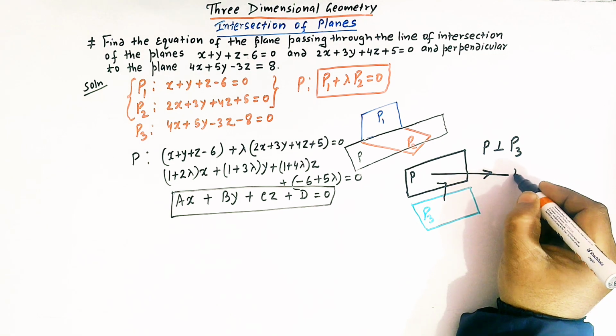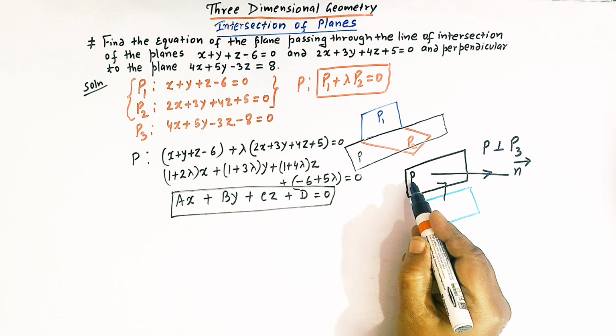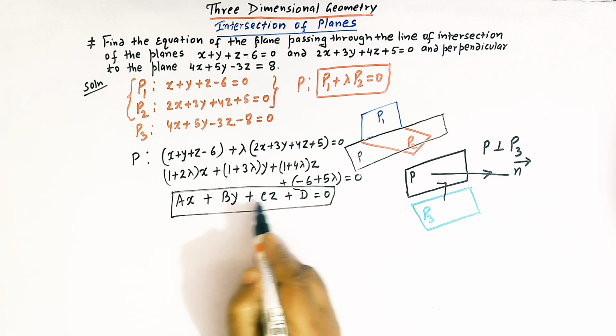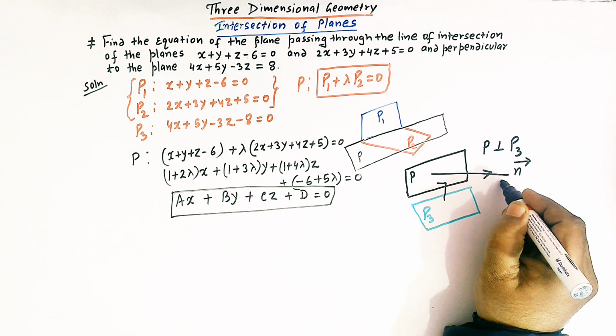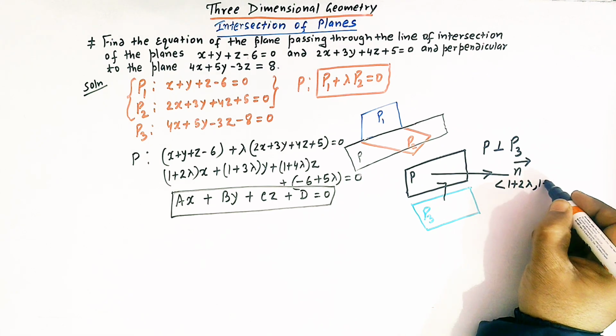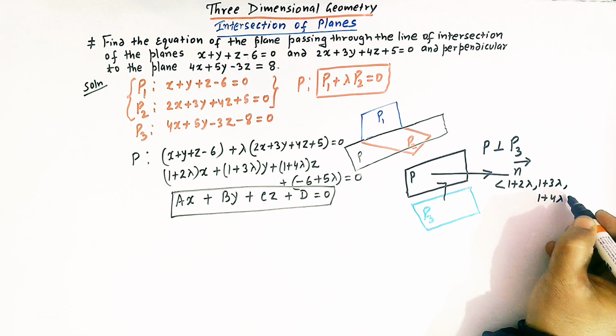Suppose n vector is the normal vector to plane P, whose direction ratios a, b and c are 1 + 2 lambda, 1 + 3 lambda and 1 + 4 lambda.